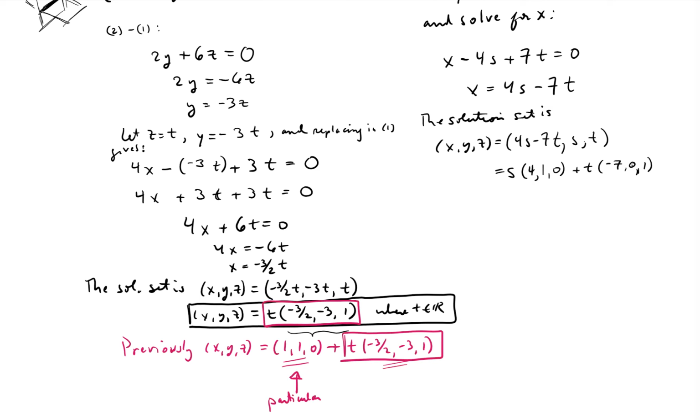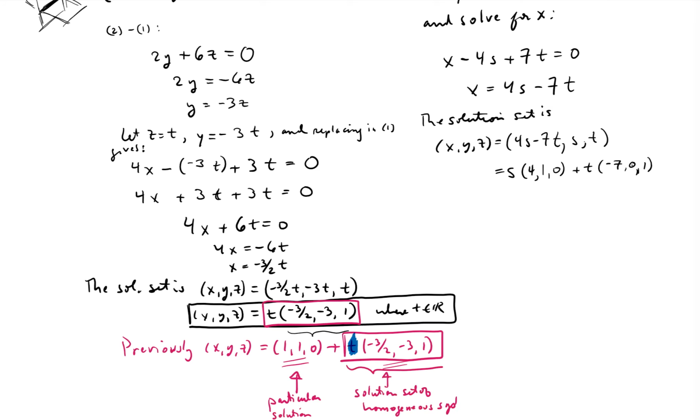If you assign t to 0, you get the solution (1, 1, 0). So this is our particular, specific solution, and all this contains the solution set of the homogeneous system.